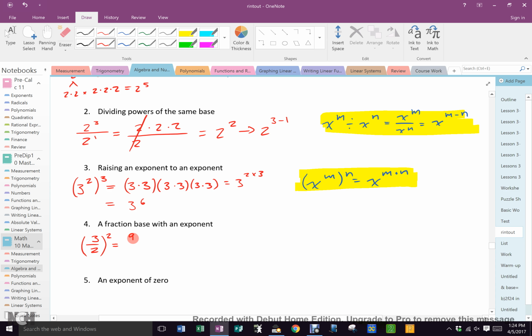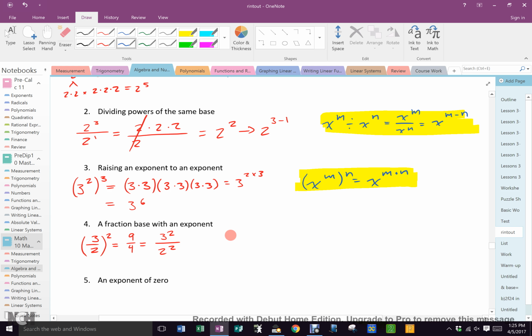It equals 9 over 4. Why? Because it's 3 squared over 2 squared. The 2 goes to everything because the whole fraction is the base. Everybody cool? So that is why it's 9 over 4.